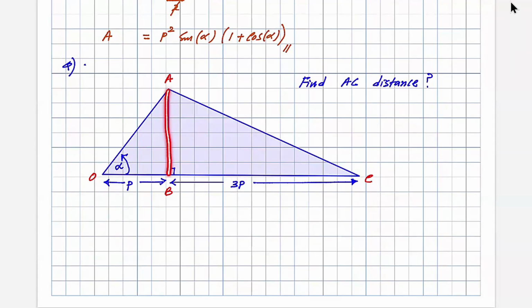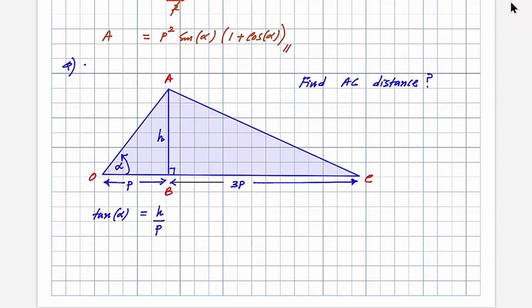Now, AB length is not given to you. So you have to find it. What is given to you? P and alpha is given to you in this triangle. What we are doing, we try to find out if there is an angle, your mind should go to sine, cos, tan concept. So suppose this is H, right? So I'm writing a relation having H and P. So tan is the function which gives you a relation between opposite and the adjacent.